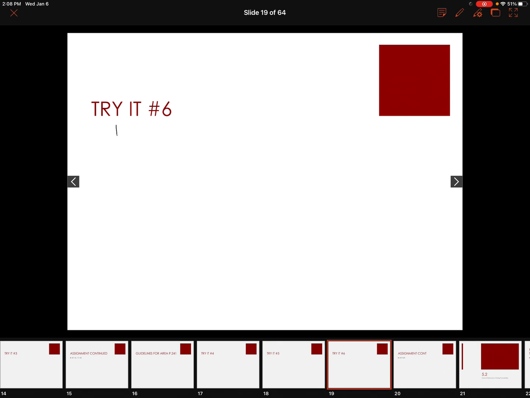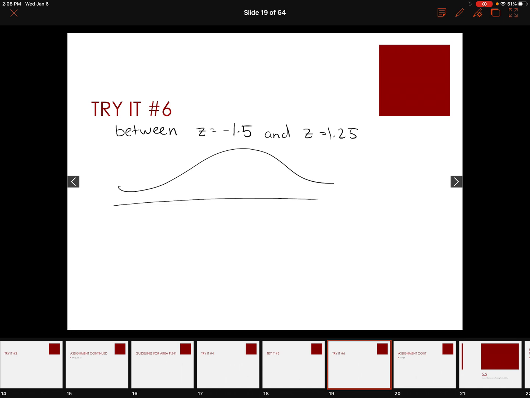And then lastly, what if it says between? This one says between z equals negative 1.5 and z equals 1.25. Negative 1.5 is going to be over here, 1.25 over here. I'm looking for this. My rule with the between is to subtract the areas. Remember, we're doing area. If we're talking about area, I cannot get a negative number. So if you subtract in a way where you get a negative number, you've subtracted wrong, you need to switch the order.